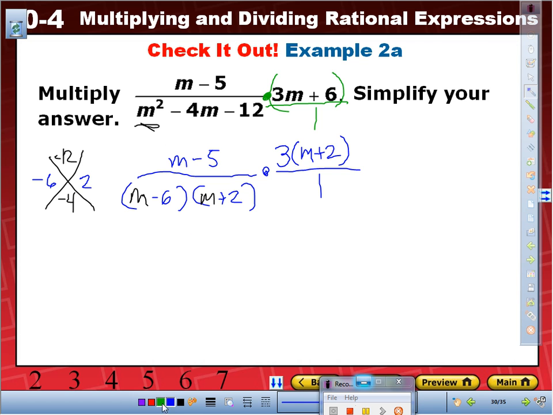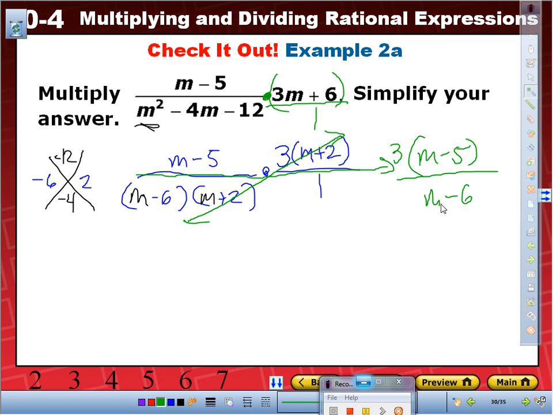No. So now we just multiply across. So we go that way. Do you see the GCF? What is my GCF? M plus 2. What do we have in the numerator? M minus 5 times 3. I'm going to bring the 3 to the front. Over m minus 6. Hands up if you got that.